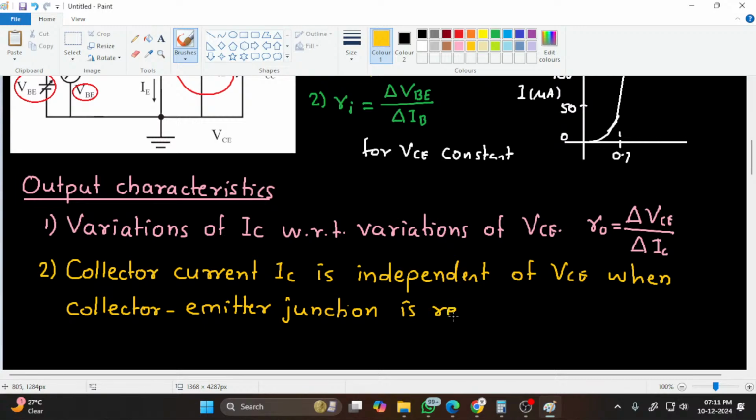As long as the collector emitter junction is reverse biased, IC is independent of VCE.